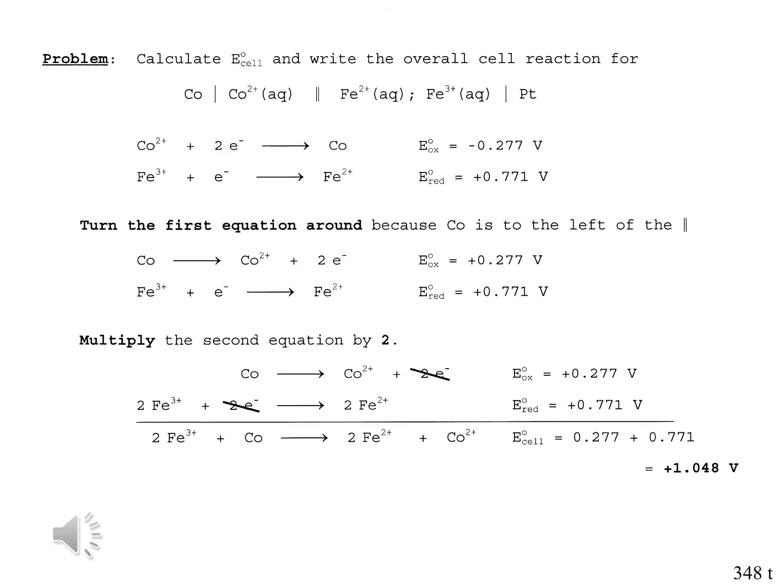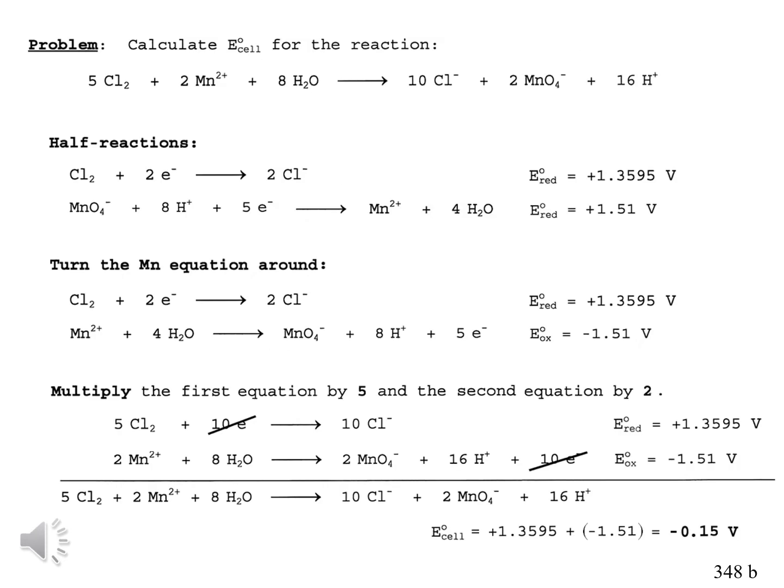If you do one of those double line for the salt bridge type of notations, you write the two half reactions, turn the one on the left around, equalize the electrons, and add, and you get the voltage again. We then did another reaction where when you write the voltage, turn it around and multiply.